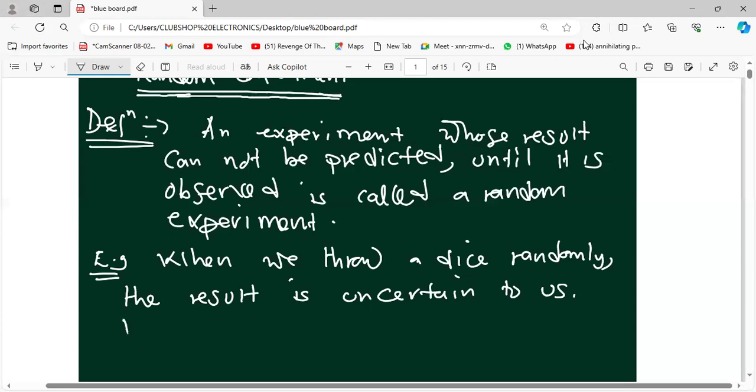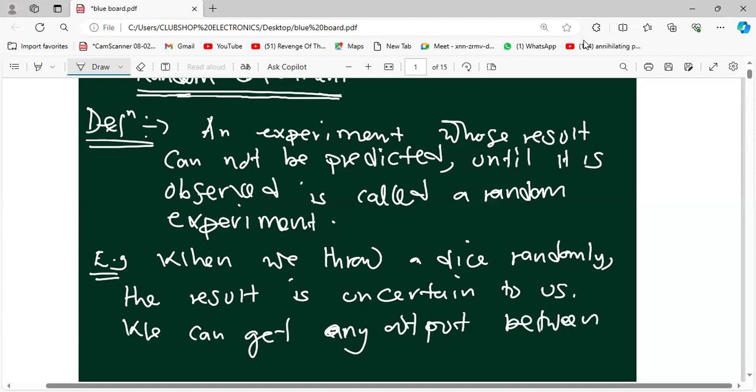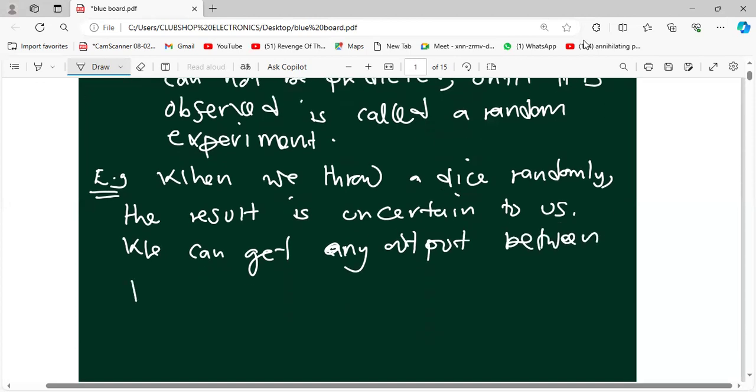In other words, we can get any result, any output, between 1 to 6.